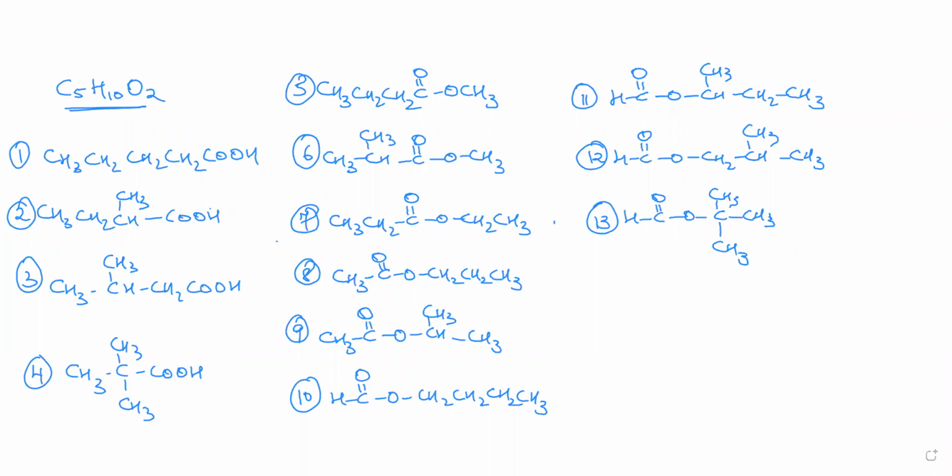Yes, they are also metamers. 5 and 9. अभिमन्यु, 5 and 8 are metamers बच्चा. ये देखो, 5 में ये C के साथ प्रोपाइल ग्रुप है और O के साथ मिथाइल है. और 8 में देखो C के साथ मिथाइल है और O के साथ प्रोपाइल है. तो अल्काइल ग्रुप्स अलग अलग हैं. So they are metamers. Fine.